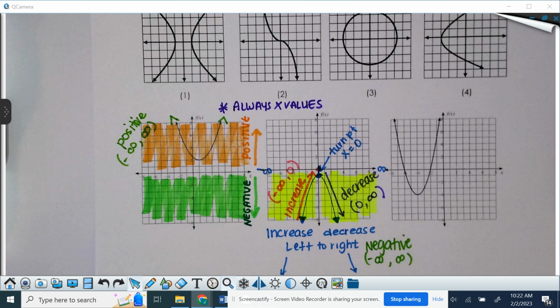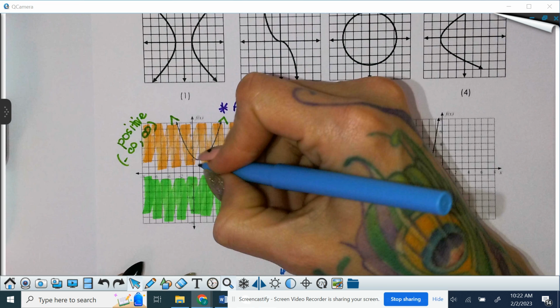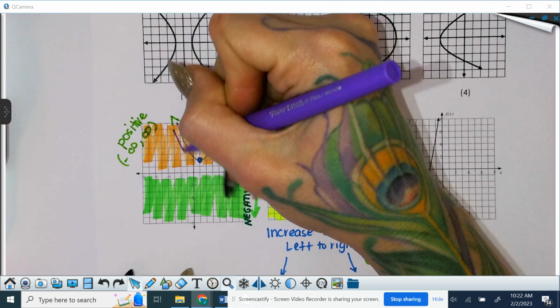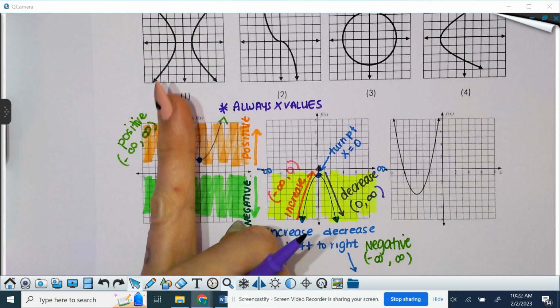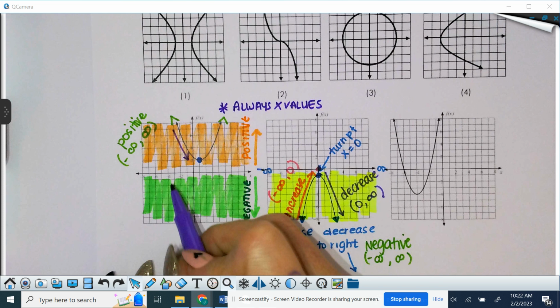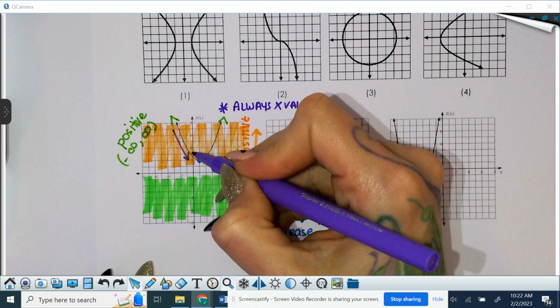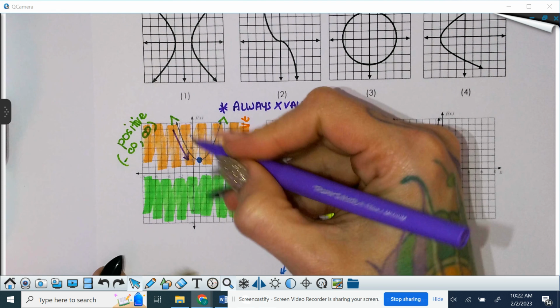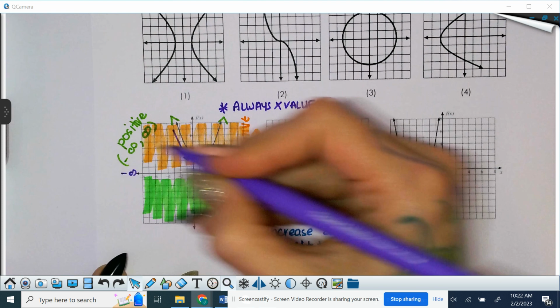For increase and decrease, this is opposite of the other one. Here's our turn point. I like to put dots there, so that makes it a little easier to see them. So from left to right, this is decreasing in the beginning. Contrary to that arrow, remember you're looking from left to right. So as x gets bigger, what's happening to my y value? So I'm tracing my graph from left to right. So that's my decrease, and it's going to decrease. This is negative infinity. This is positive infinity.